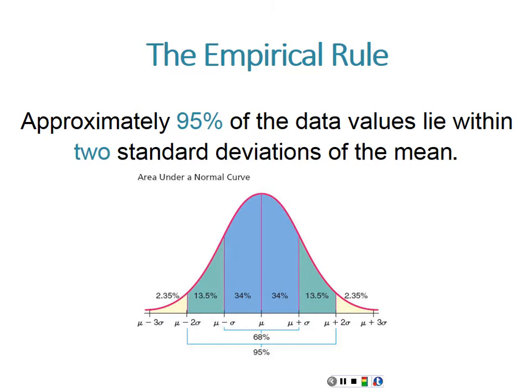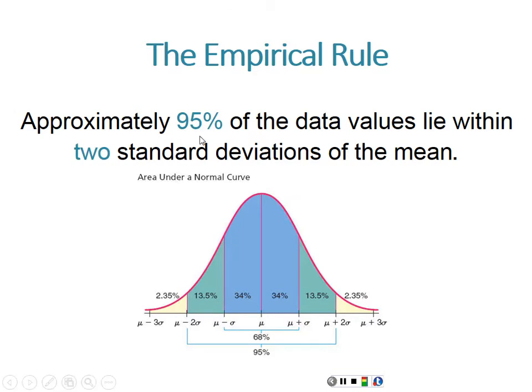So going back to my mean of 10 and a standard deviation of 5, 10 minus 2 times 5 would be 0, and 10 plus 2 times 5 would be 20. So if that was indeed the case with this normal curve, then between 0 and 20, I should have 95% of the values of x. And anything that lies outside 0 to 20 would be odd or unusual because those happen less than 5% of the time.